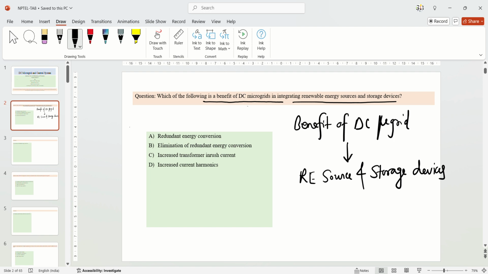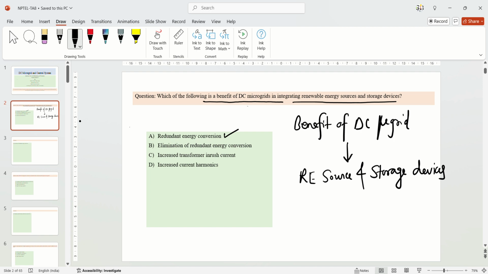Okay, let me give the solution for this. This is related to the benefits of the DC microgrid in integrating RE sources with the storage devices. Suppose you go with the first option, which says redundant energy conversion.